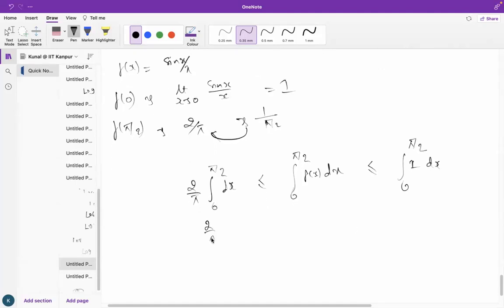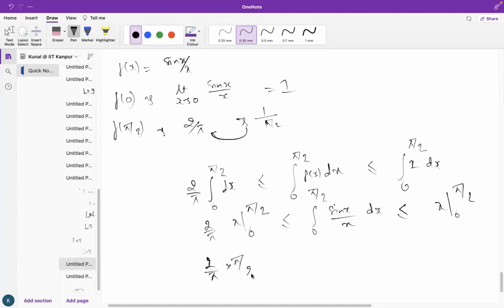So when we integrate this, what we get? We get 2 by pi and x from 0 to pi by 2, the integral from 0 to pi by 2 of sin x by x dx, and this will be 1, that means x from 0 to pi by 2. And when we insert the limit here, what we get? 2 by pi into pi by 2, less than or equal to the integral from 0 to pi by 2 of sin x by x dx, less than or equal to pi by 2.